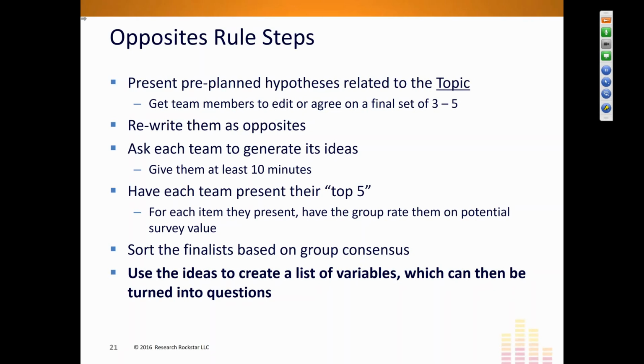So maybe if we are doing protein bars, for example, and we've got some hypotheses about what types of customers are most likely to like our protein bars. What are their profiles? What are their attributes? What are their personas, if you like? And so we've got some hypotheses. Then what we do is we have them rewrite them as opposites.